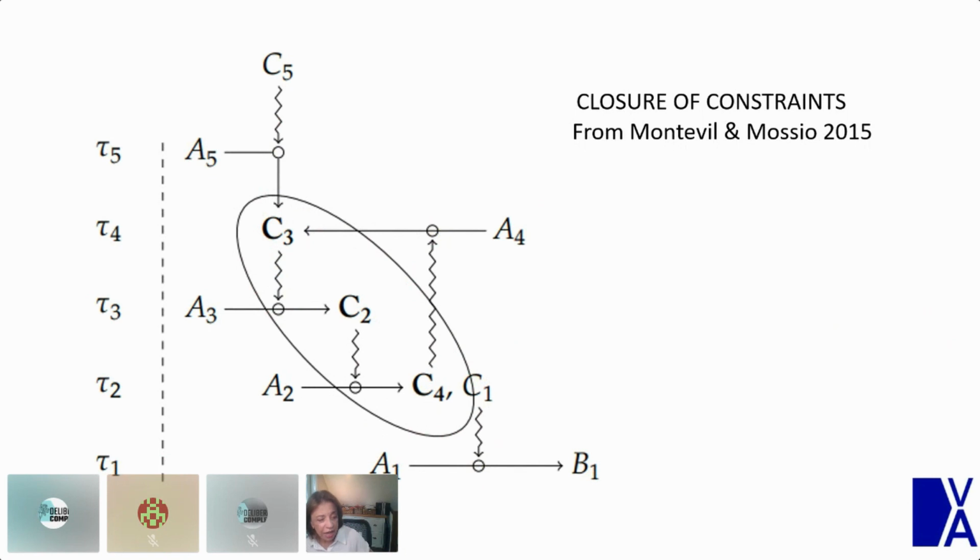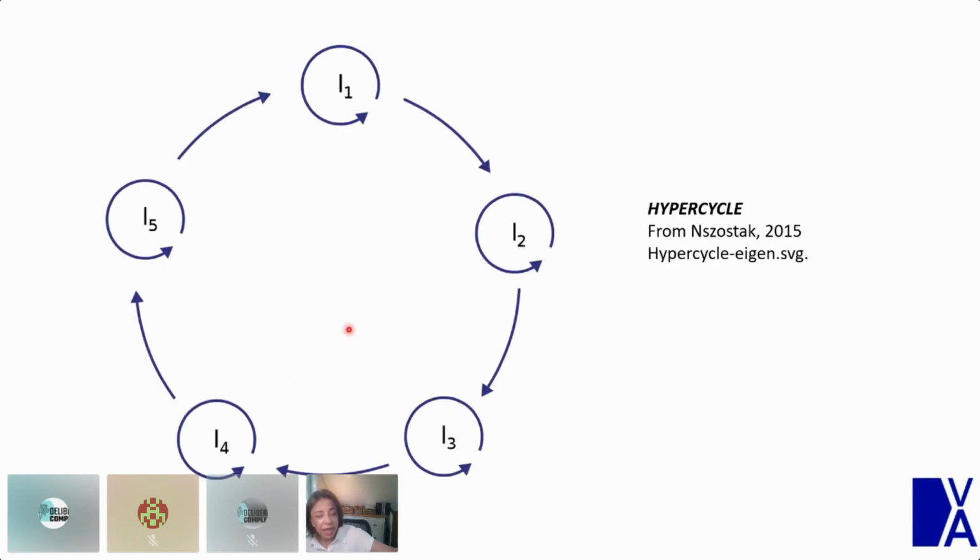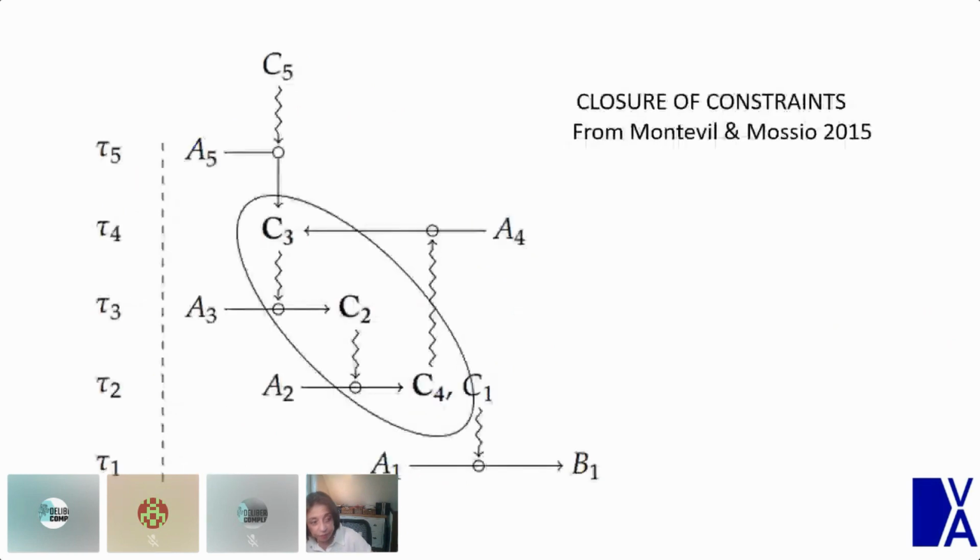What I'm trying to suggest is that just as you saw in that earlier slide, becoming a functional, very complex whole, this can be a closure of constraints that keeps the system whole.